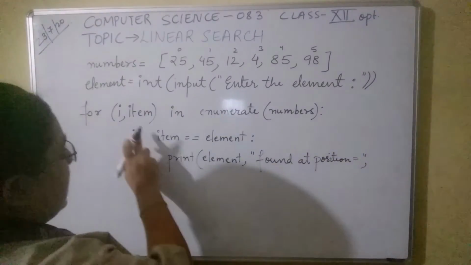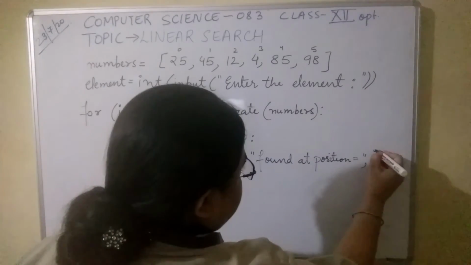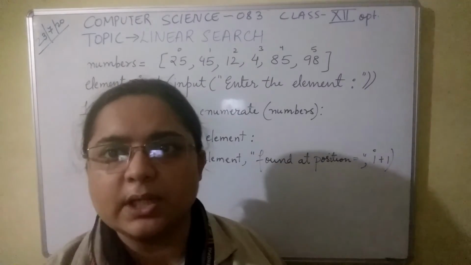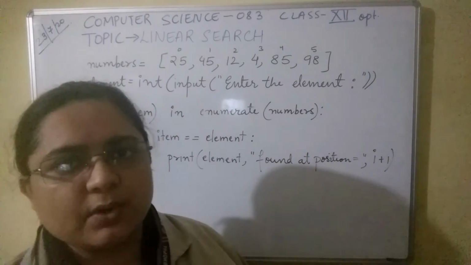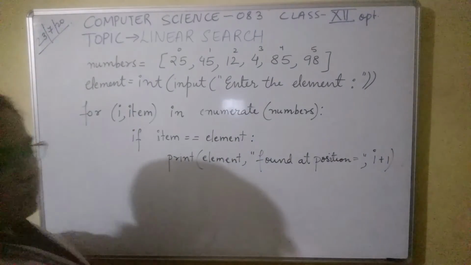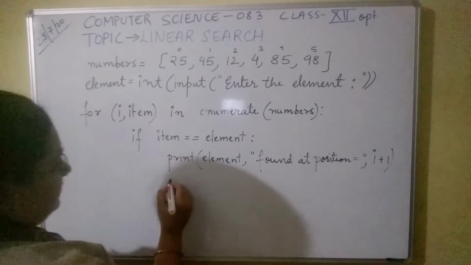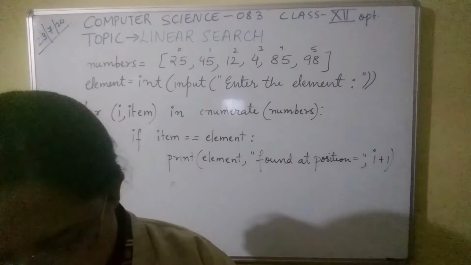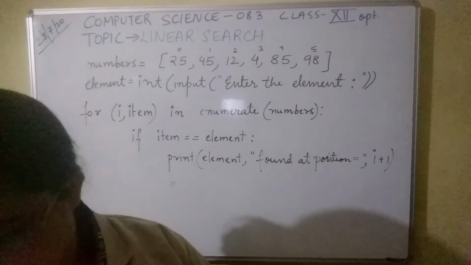Position will be i plus 1, because simple i refers to the index of the element, but I want to print the position. So position will be index plus 1. And once this is done, we will break the loop. That is, loop will be terminated.